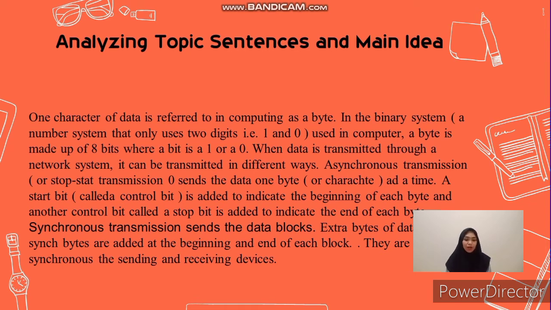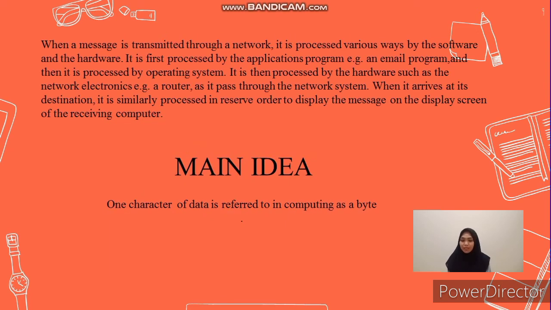Extra bytes of data called sync bytes are added at the beginning and end of each block. They are used to synchronize the sending and receiving device. When a message is transmitted through a network, it is processed in various ways by the software and the hardware.